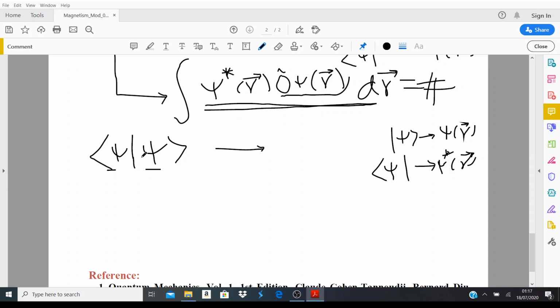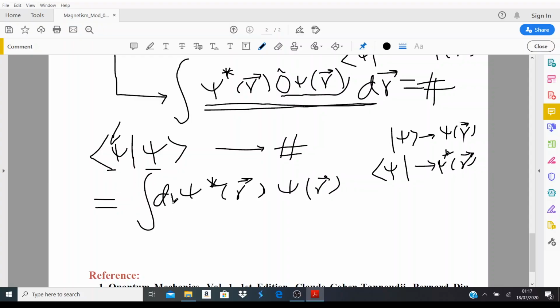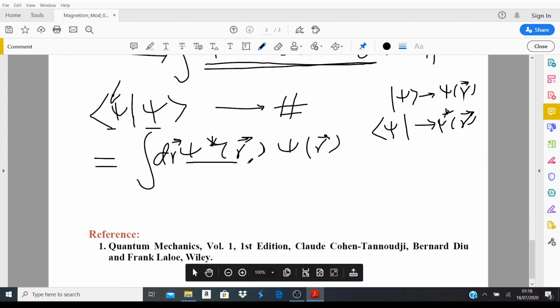So this is also a number, which is why this must be another integration. The way to read it is that for the bra, you put the complex conjugated wave function. For the ket, the wave function itself. You multiply these two and perform the integration over the whole space, right?